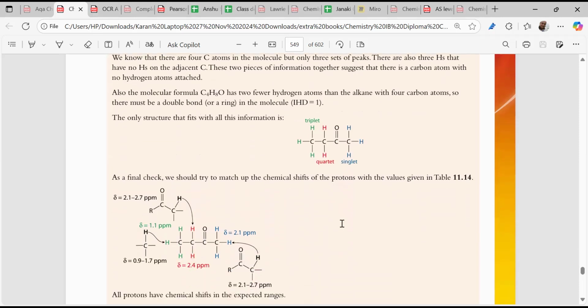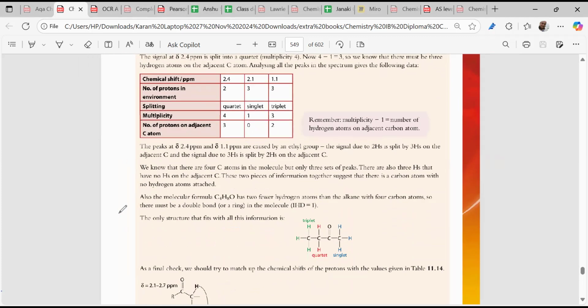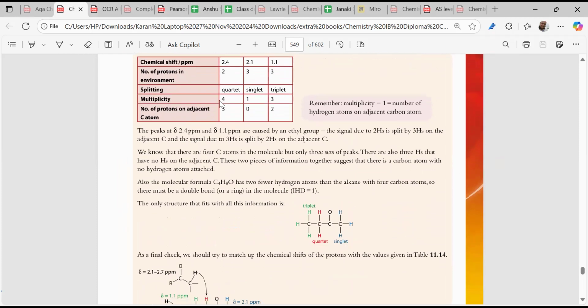What is the data we get? We get C4H8O. Understood? C4H8O1, right? Okay, this is clear.